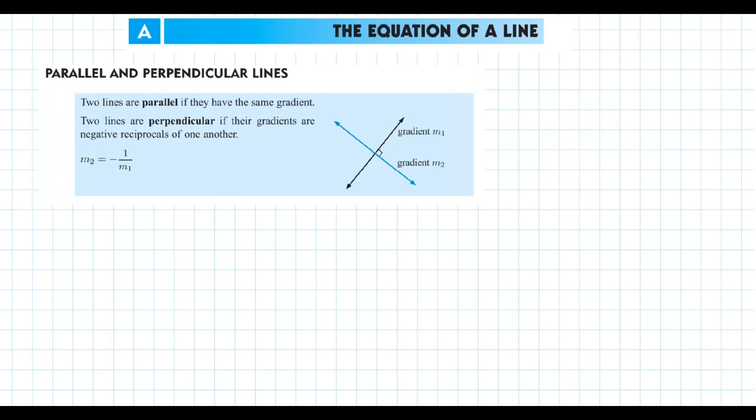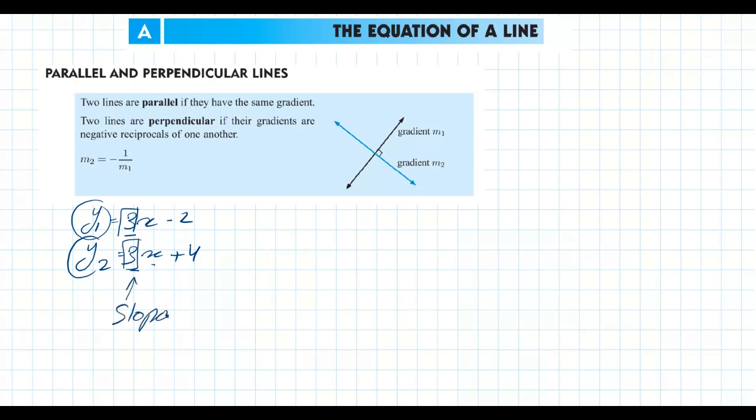Then let's move further to parallel and perpendicular lines. Simply, if you have two linear equations, such as y1 equals 3x minus 2 and y2 equals 3x plus 4, for example, that represents the same gradient, because the coefficient of x, when you isolate y, so y should be the subject here, then this 3 will determine the slope or the gradient.